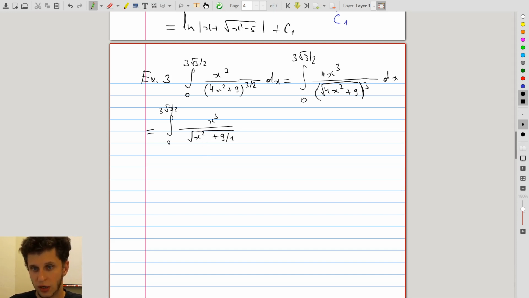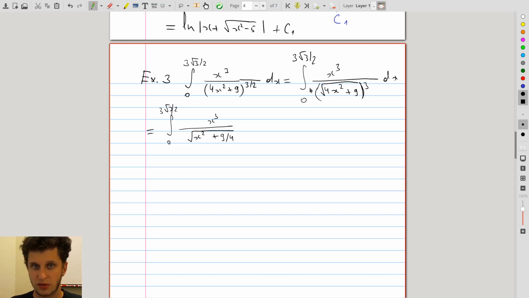And then 4 comes out of the radical as 2, which is then raised to the third power. So I want to take 4 outside the radical. I just did this. I factor out 4, but it's a square root, so 4 comes out as 2 from the square root. And then I'll have 2 here inside the parentheses.